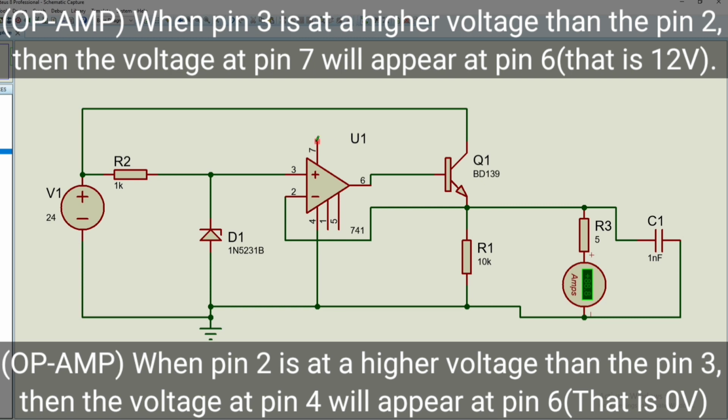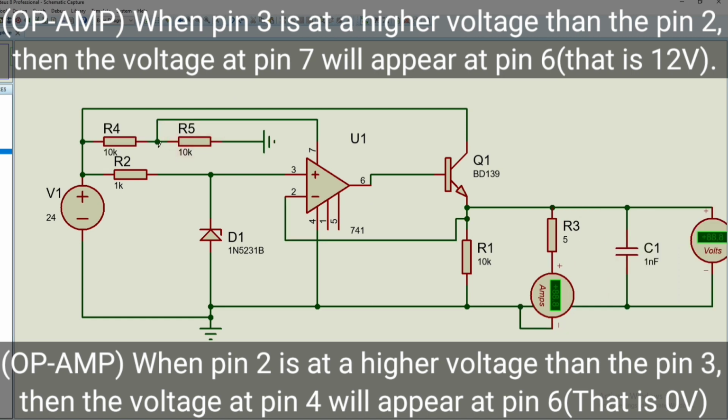For this purpose, the power supply for this comparator should be 12 volts, because when the voltage at the positive terminal is higher than the negative, then plus V appears over here. So in order to maintain 5 to 7 volt across this terminal, I need a 12 volt power supply over here. For this purpose I shall add a potential divider.